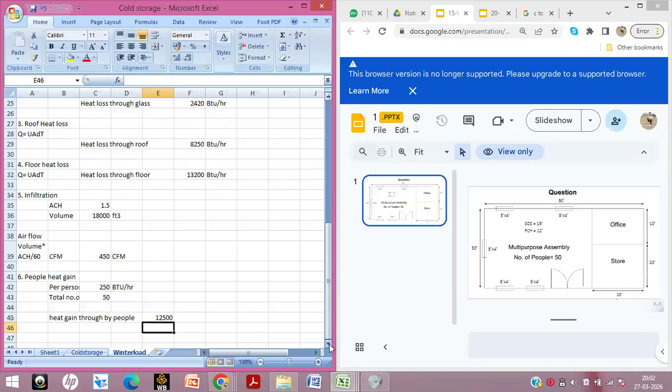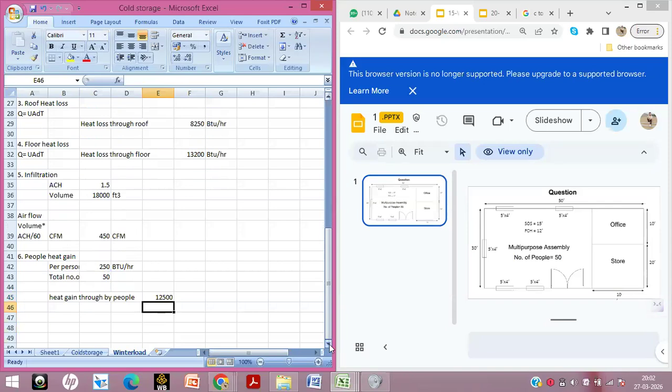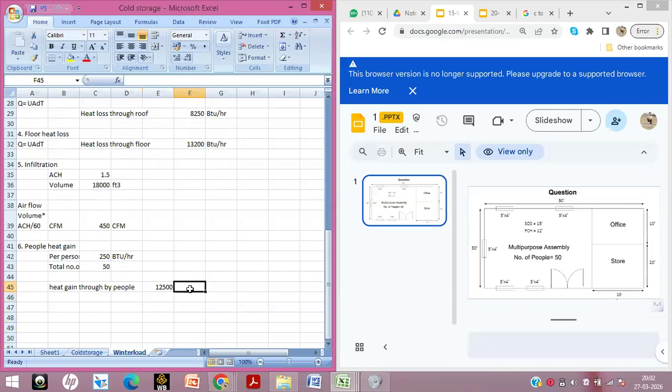So now we got this much heat gain in BTU per hour. This is the heat that will be gained inside the room.